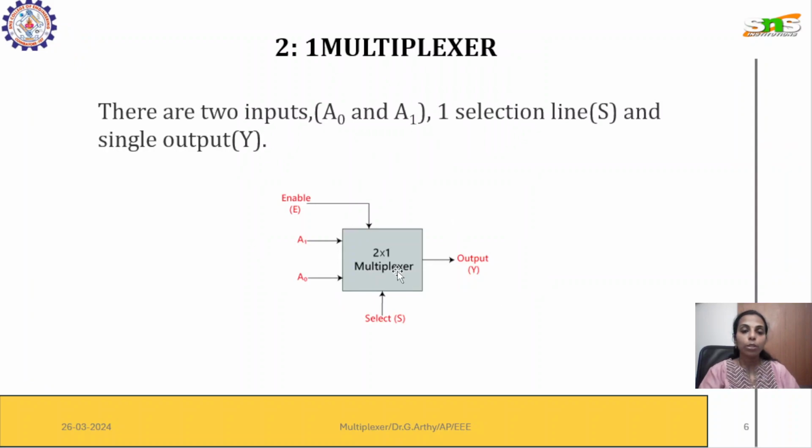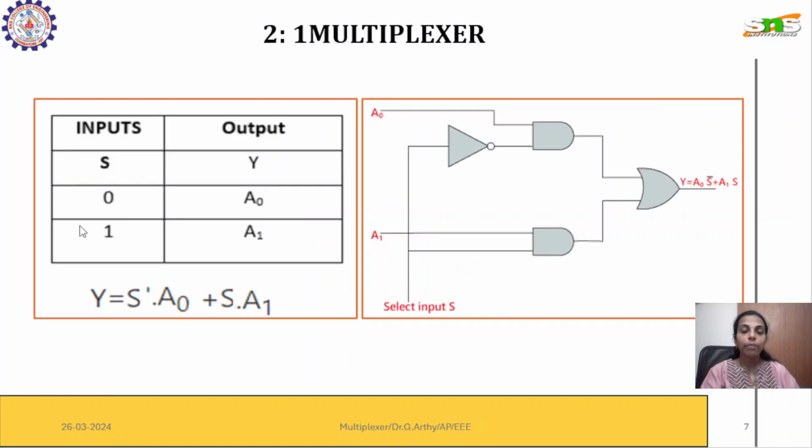This is a 2 to 1 multiplexer, wherein 2 inputs are there, 1 output is there, and we have a selection line. This is a very important part. As we discussed in the previous sections on adders and subtractors, for designing a digital system, first we need to write the conditions as a truth table.